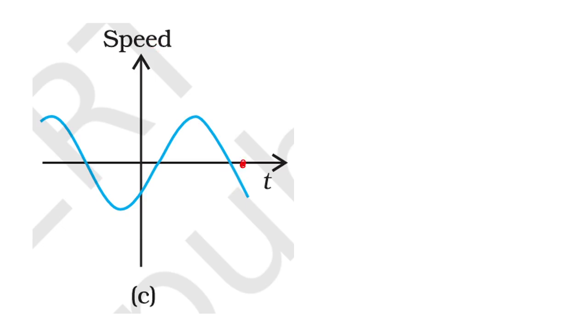For example, let's say 4 seconds. What is the speed? The speed is a negative number. Speed cannot be negative. Velocity can be negative, but when we talk about speed, we will not mention the sign. So speed cannot be negative. So this does not represent one dimensional motion. Okay, the reason: speed cannot be negative.